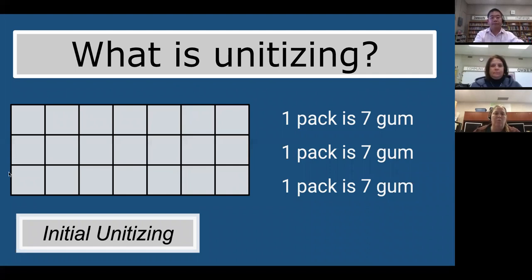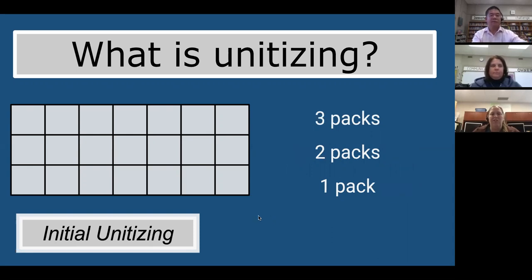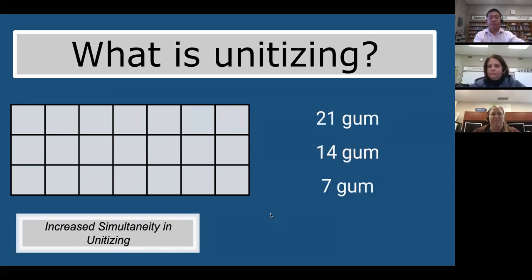So here's 1 pack because it's 7 gum, and here's another pack that's 7 gum, and here's another pack that's 7 gum. They can even use those same counting numbers to count up the packs, 1, 2, 3 packs, whereas up until this point, these counting numbers were reserved for individual objects and not groups of objects.